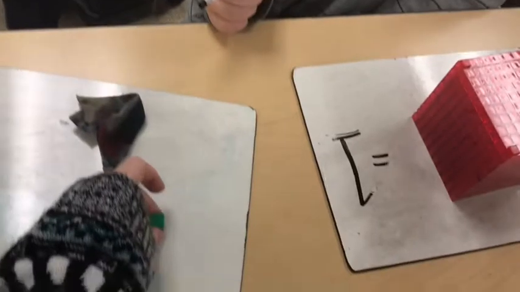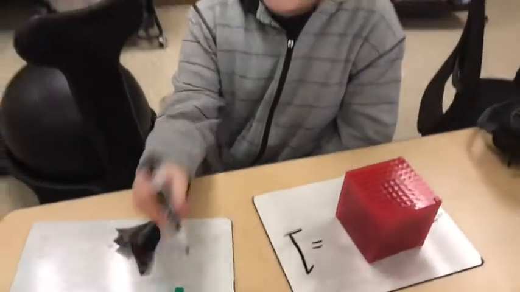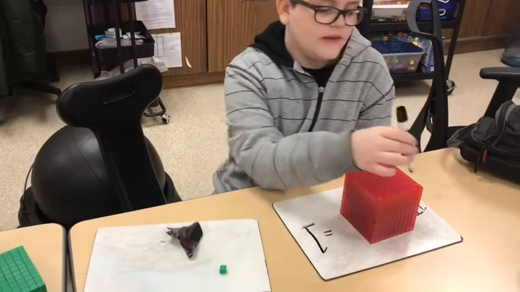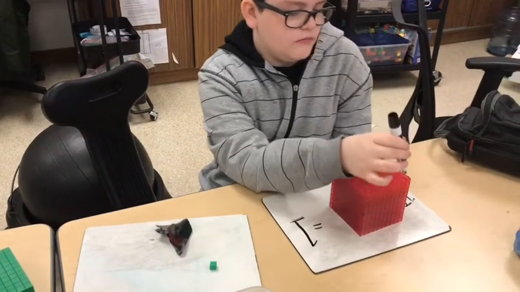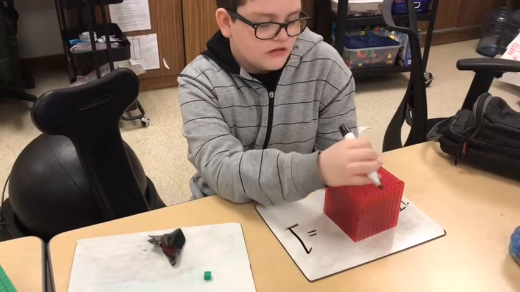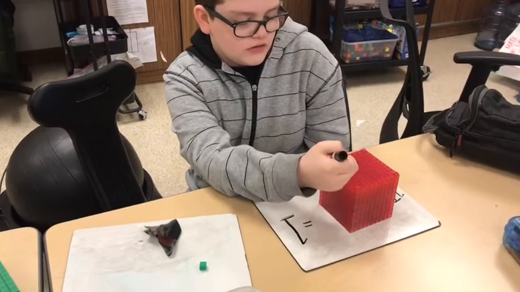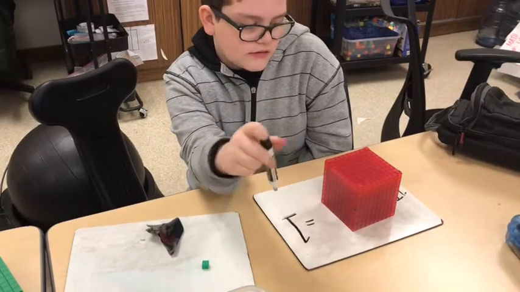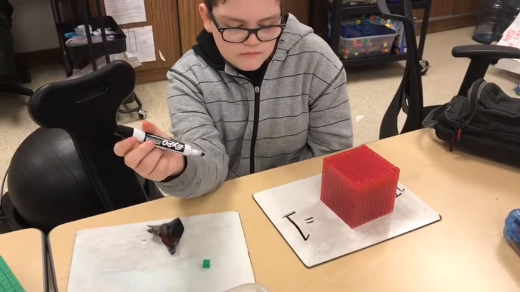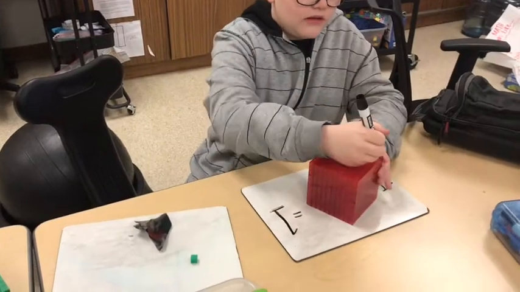How about, what's the value of that piece? 100th. How do you know? Because one of these, out of all of this, out of 100, so 1 out of 100, and we say 100th. So show me where 100 of those pieces would be on the whole. Am I allowed to write on this?